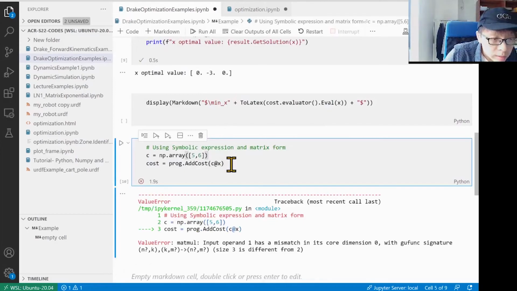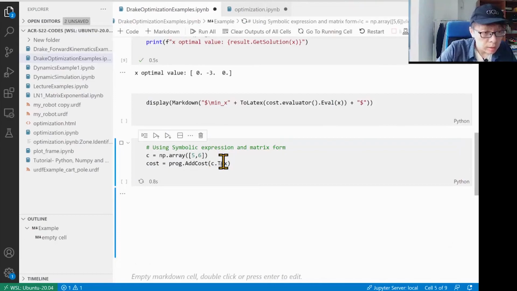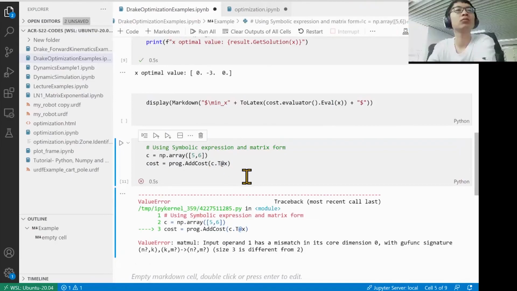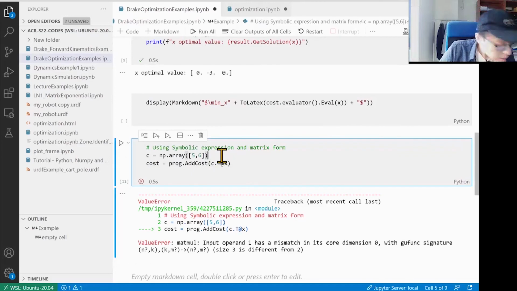Let me think. Maybe C dot transpose add x. Cost program add cost: input operator mismatch dimension with 0.